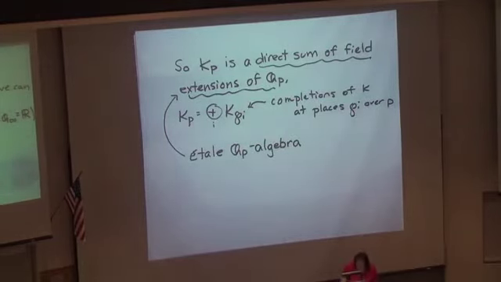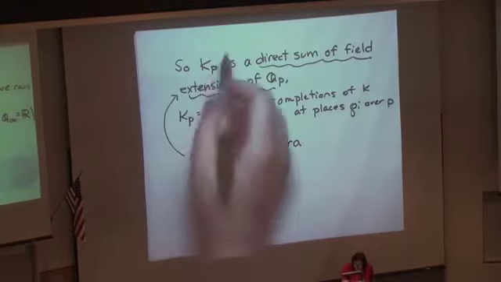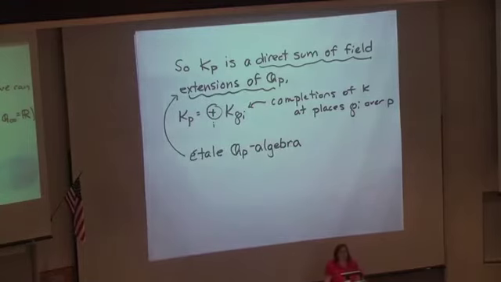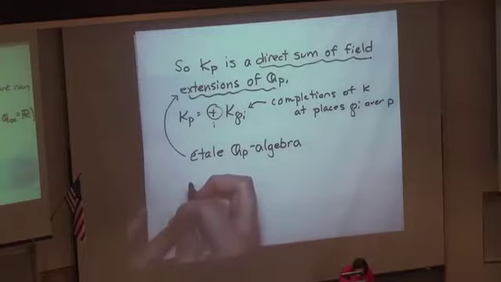So this K_P captures the splitting and the inertia and the ramification type of K at P, and just slightly richer data than that.